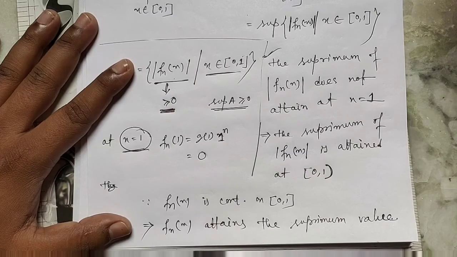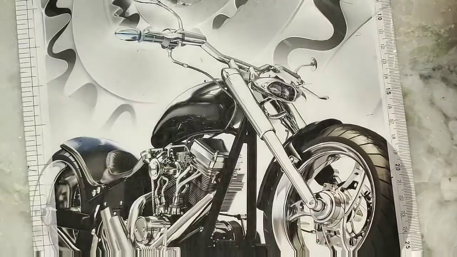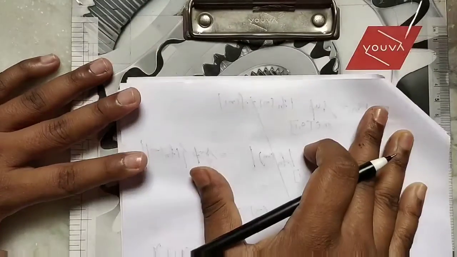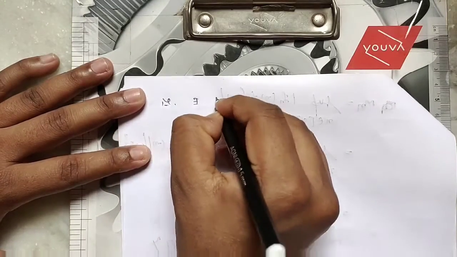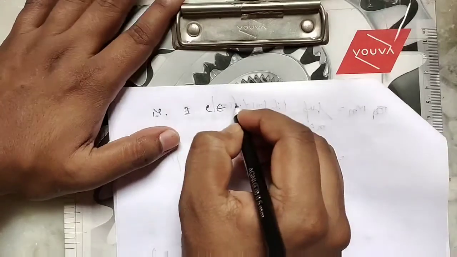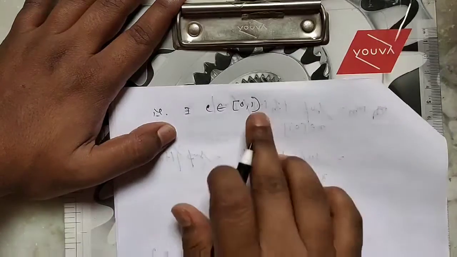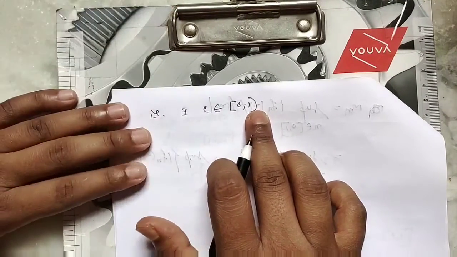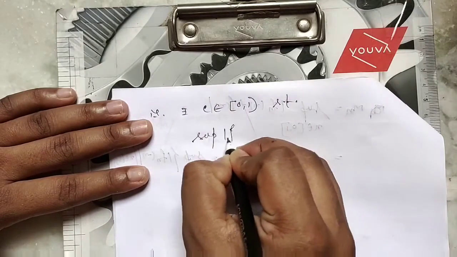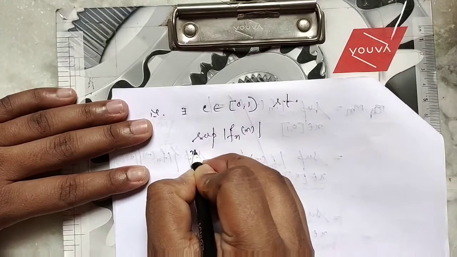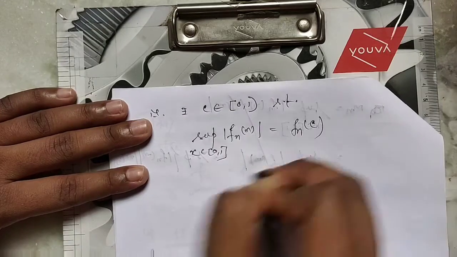That is, there exists C belonging to 0 1 open 1, because at 1 the supremum does not attain, such that supremum of mod of fn x, x belongs to 0 1, equal to fn c.